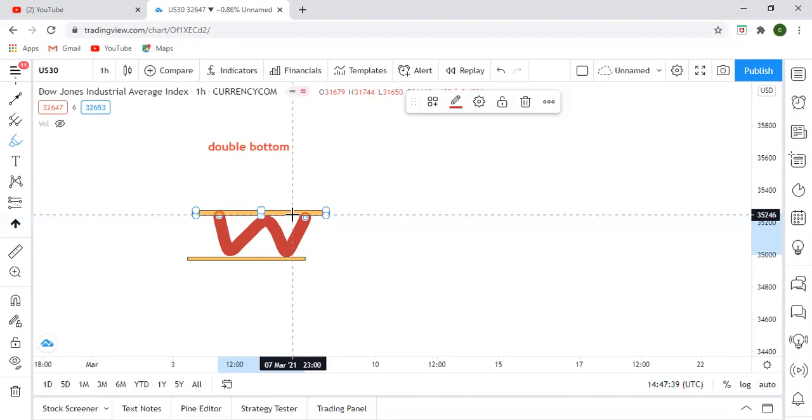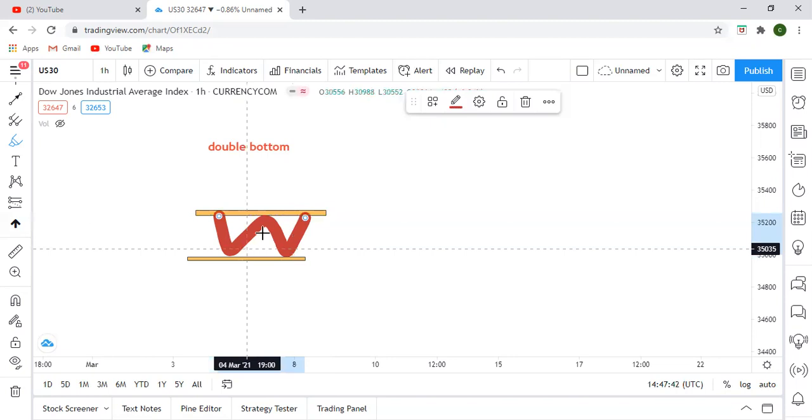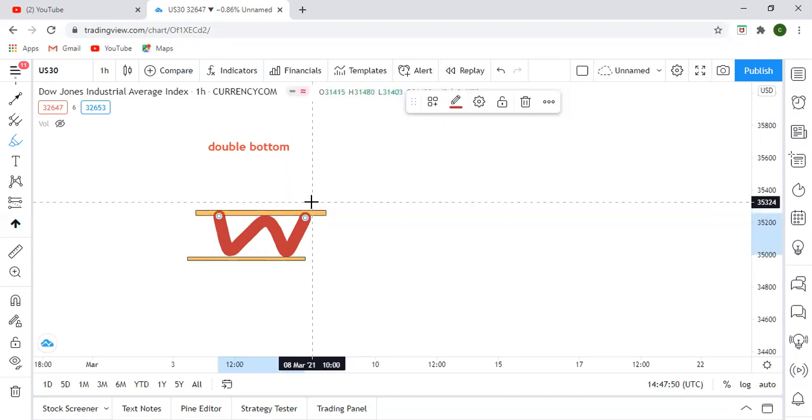You want to wait for a retest, because you can't really confirm that this is a double bottom. You can confirm it when the market breaks our neckline and then pushes to the upside. So this double bottom happens on a downtrend, simply meaning that we are having a change in trend.